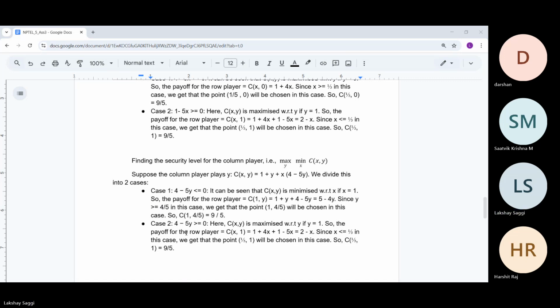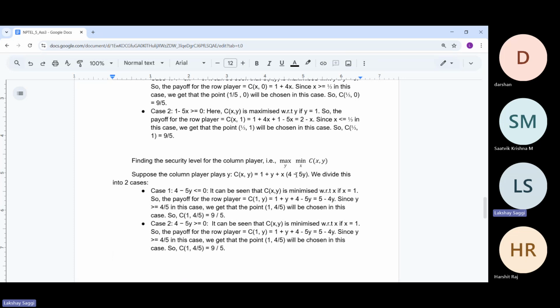But in the case when 4 minus 5y is greater than or equal to 0, here we'll want, yeah, I'll just copy this and try to change the values. So here it is minimized with respect to x.